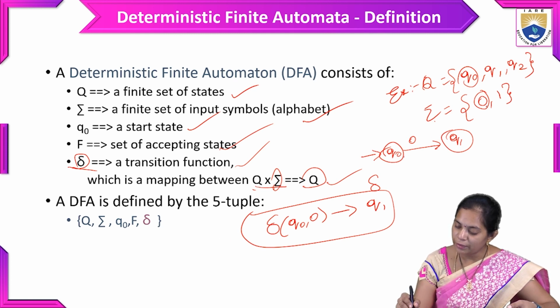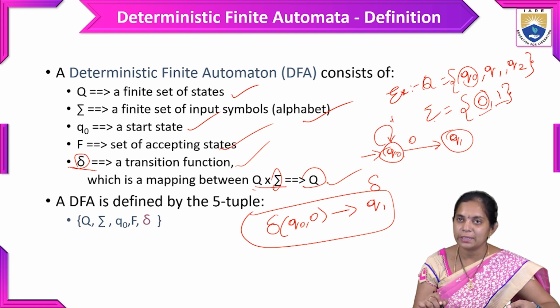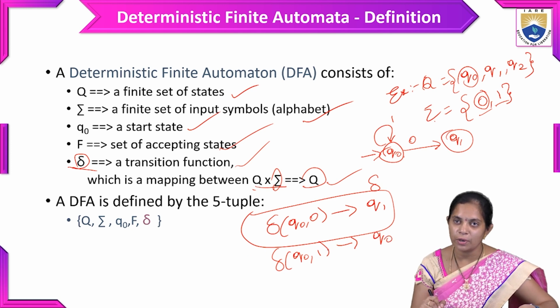And if we have another input symbol, 1, and we give 1 as input here, it will reach the state itself. That represents delta of Q naught, 1 leads to Q naught. This is how we write the transition function.